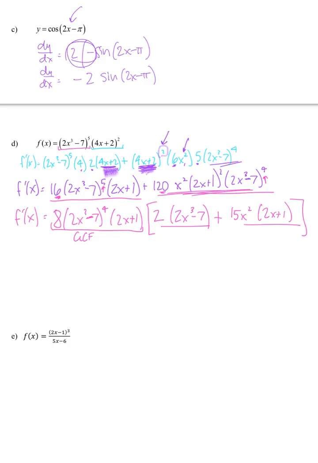Now that may mean right now, guys, that you need to pause the video and really think that through. Next I'm going to clean this set of brackets up. So the GCF is fine.